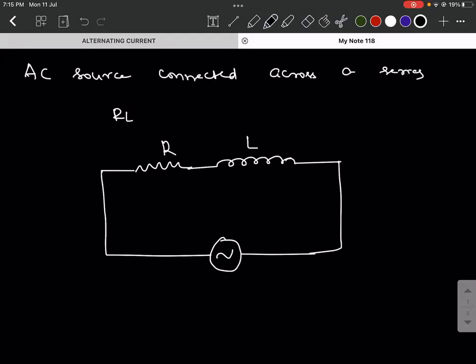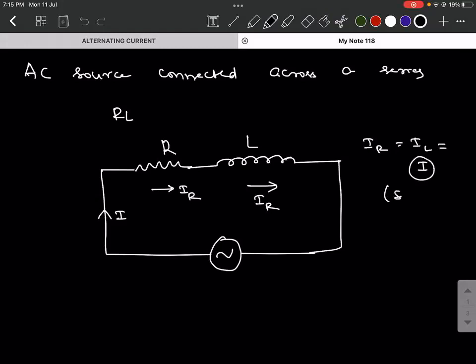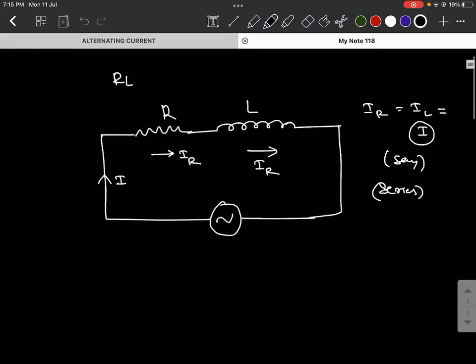Let's say the current flowing through the circuit is I. If the current through the resistor is taken as IR, and if the current through the inductor is taken to be also the same IR, IR is equal to IL. I can call it as I because they are in series. If this is IR, then how much will this resistance voltage be? VR.